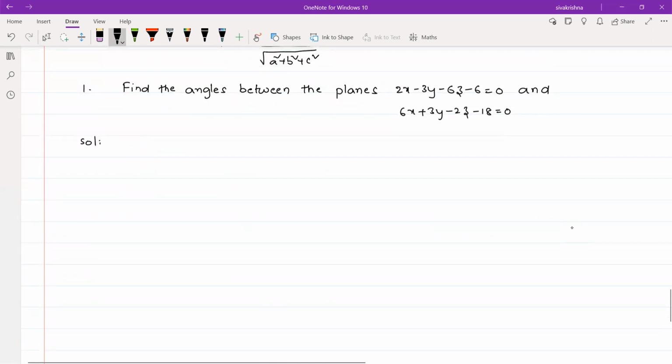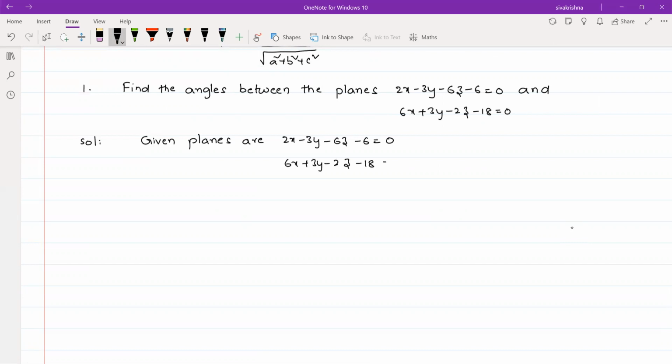Coming to the solution, the given planes are 2x minus 3y minus 6z minus 6 is equal to 0 and 6x plus 3y minus 2z minus 18 is equal to 0. Let theta be the angle between the two planes.